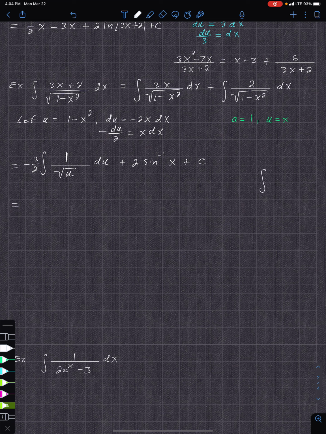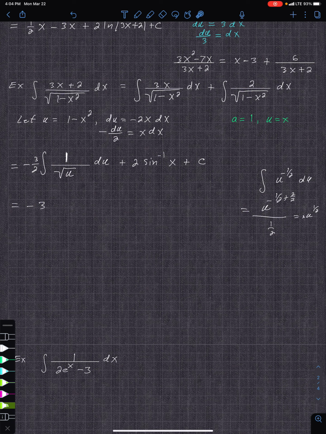We're doing the integral of u to the negative 1/2 du. So now that's u to the negative 1/2 plus 1, over 1/2, so that ends up being 2. So this becomes just -3, and that becomes u to the 1/2.